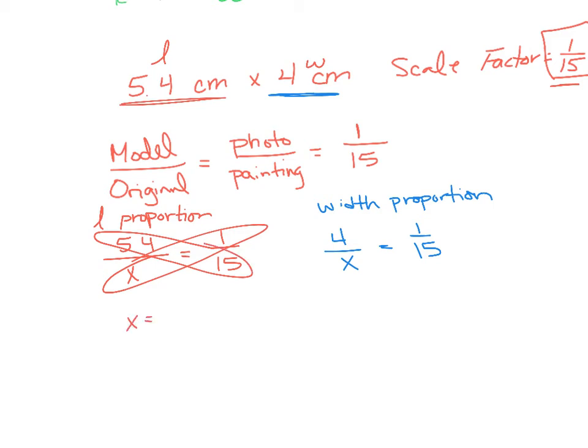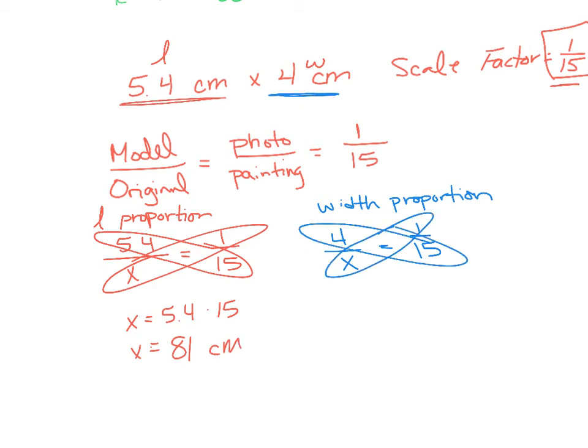So 5.4 times 15 equals 81 centimeters. And then we're going to take, again, cross multiply, and we get x equals 4 times 15, and x equals 60 centimeters.